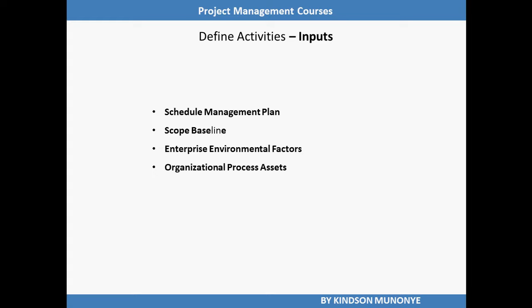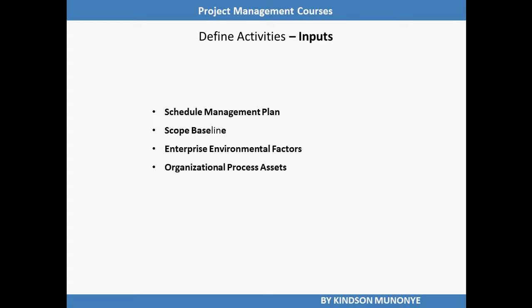The scope baseline comprises of the project scope statement, the WBS, and the WBS dictionary. The WBS, the deliverables, the constraints and assumptions documented in the scope baseline are considered explicitly while defining activities.